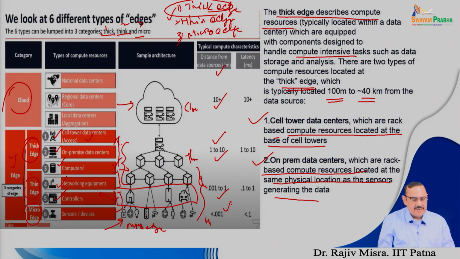If you see the latency, if you are doing the computing at the cloud, then 10 plus milliseconds, or even 100 milliseconds, is required for the round trip time. Similarly, the thick edge will take 1/10 of that, or 1/100th of the time, and the latency in the thin edge is even lesser than that. If it is done on the device, it will be even lesser.